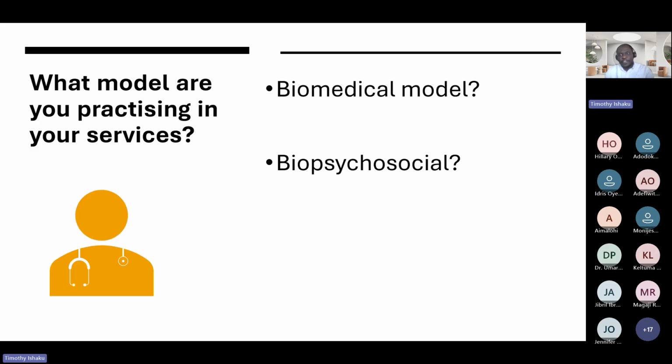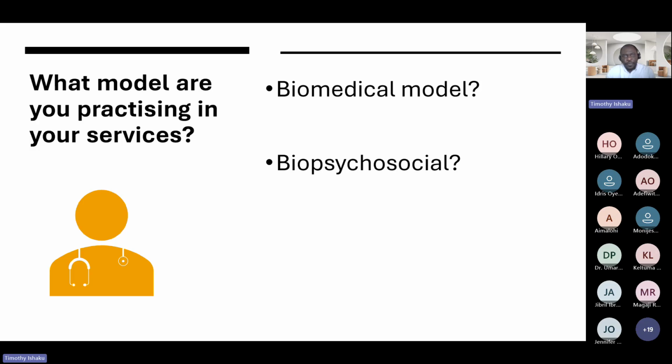So my question for everyone is, looking at those models, is it new to you? If it's new, just type new. Or is it something that is not new to you? If it's not new to you, just type yes, you are aware of it, or just put not new.